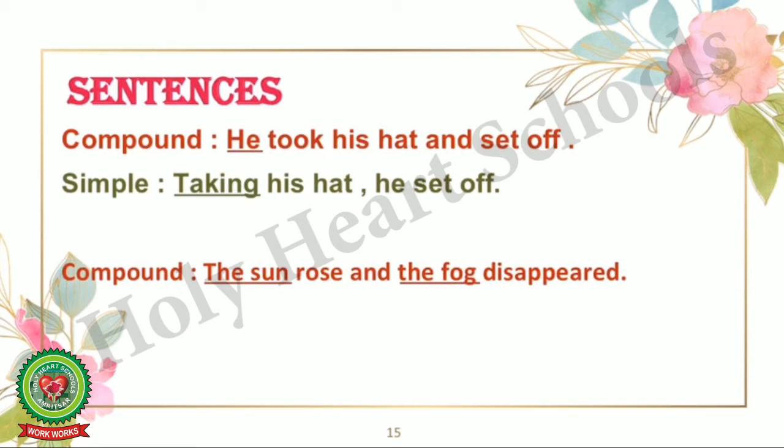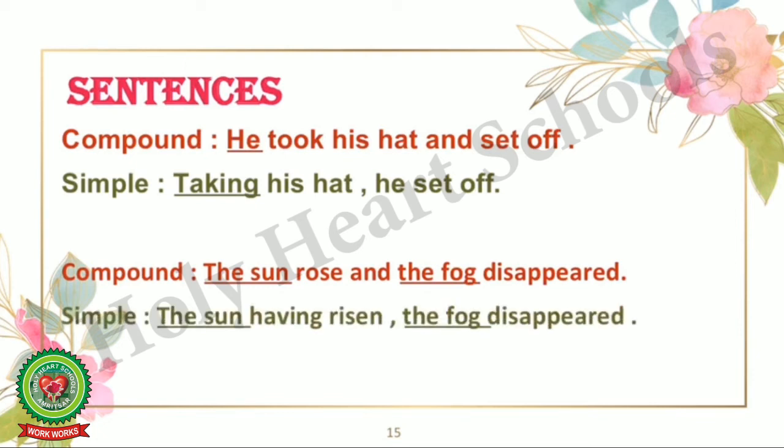In the case when we have two different subjects doing different actions, we will begin the sentence with the first subject followed by the ing form of the verb. So here our first subject is the sun. So our answer will be the sun having risen, comma, the fog disappeared.